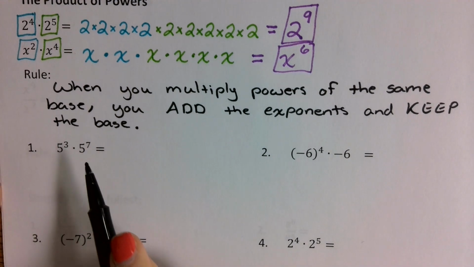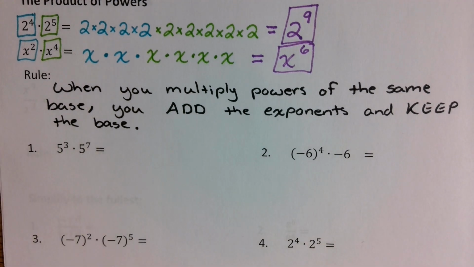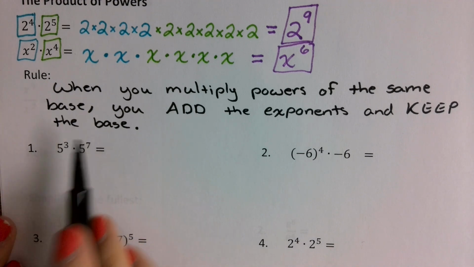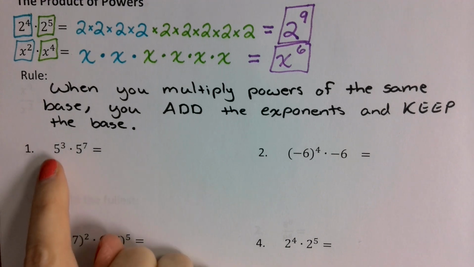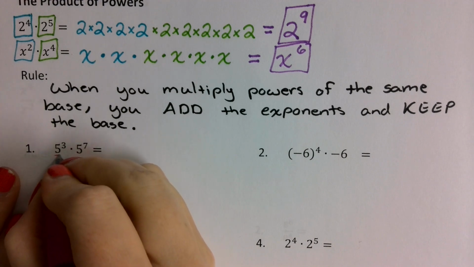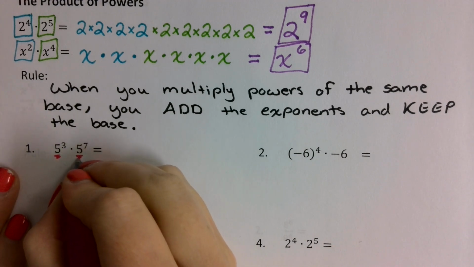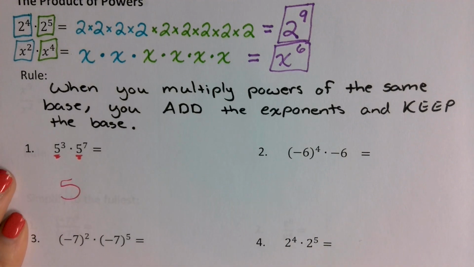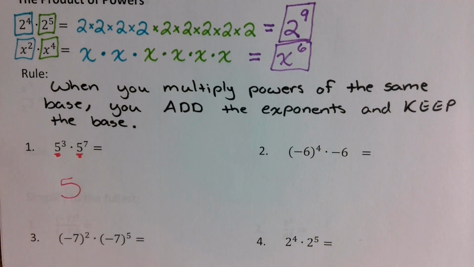So what we're going to do here is, again, we're just going to practice a couple of these. So I have 5 to the 3rd times 5 to the 7th. Again, they have identical bases. Their bases are exactly the same. They both have a base of 5. So that means I'm going to take the base and just write it right here. Not going to multiply those bases together.